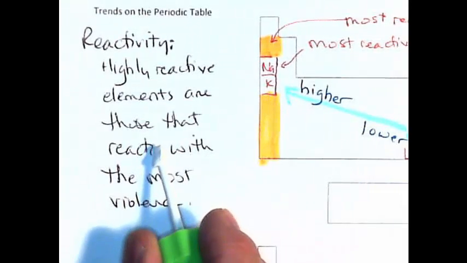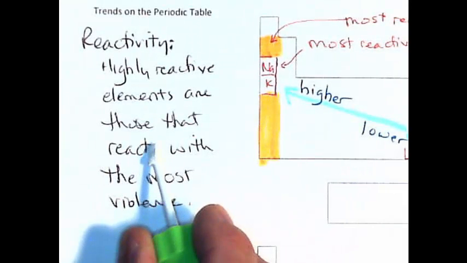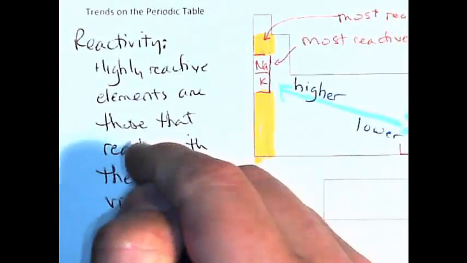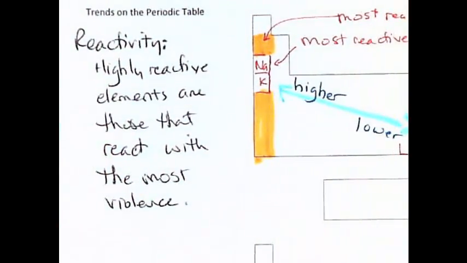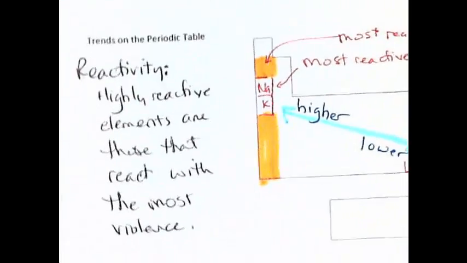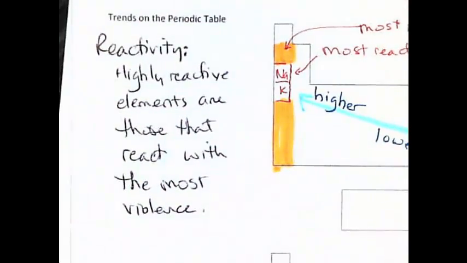And that's not really a very good definition either, because it really doesn't explain how fluorine does what it does, for example. But we're not going to get too deeply into some of those things, okay? What does fluorine do? Well, let's not go there right now, okay? Let's just not worry about fluorine, just take my word for it. It's the most reactive, but doesn't react in a way that produces as much violence as chlorine does.